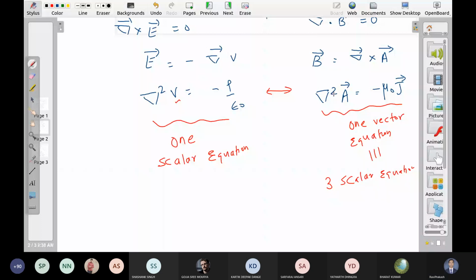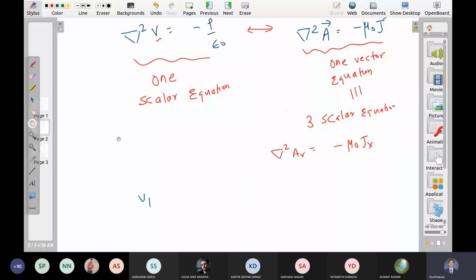This. Similarly for y component. Similarly for z component. Okay. So you can see we do not have any physics behind A.